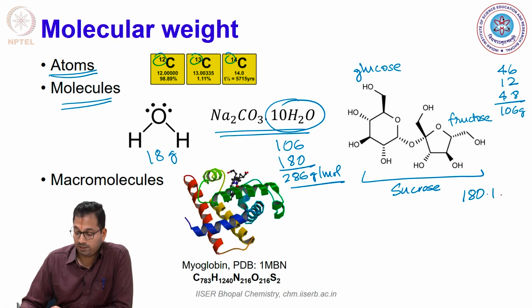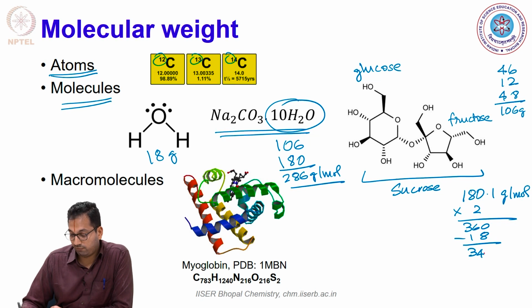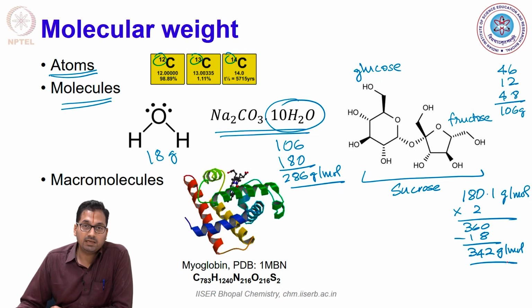They are about 180 grams per mole, and sucrose is formed by the condensation of glucose and fructose with the elimination of one water molecule. So basically that's going to be 360 minus 18, which results in 342 grams per mole. So what one is able to understand here is that molecular weights can be determined from the constituent atoms or molecules that help form them.